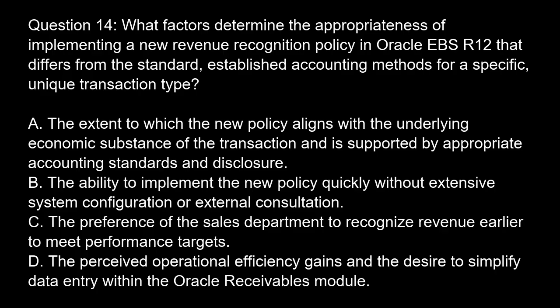Option B. The ability to implement the new policy quickly without extensive system configuration or external consultation. Option C. The preference of the sales department to recognize revenue earlier to meet performance targets. Option D. The perceived operational efficiency gains and the desire to simplify data entry within the Oracle Receivables module.